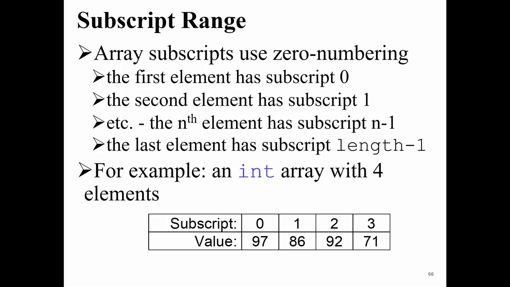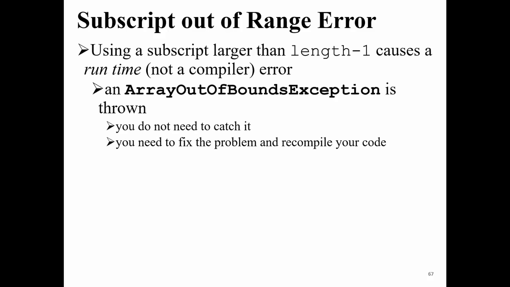The subscript range, as I mentioned, always starts from 0 up to length minus 1. This is an indication that for an array of 4 elements, the indexes go from 0 up to 3. Now, what if I ask for a rectangle array of 20 elements, and by mistake I try to access element number 21? In this case, Java provides an exception.